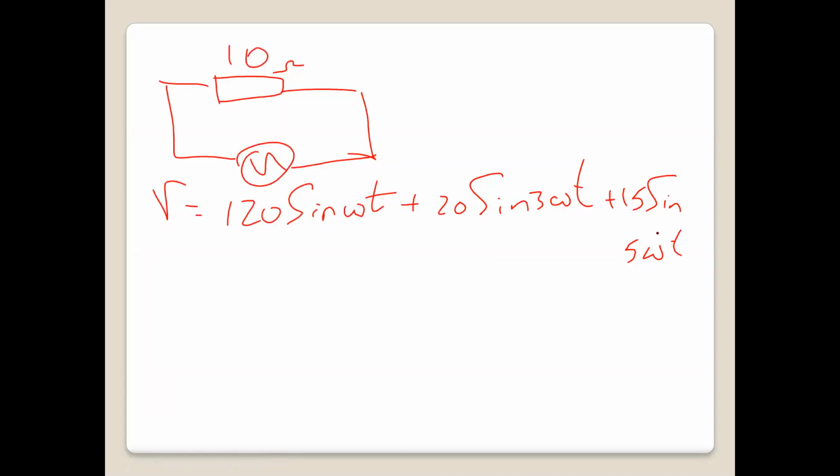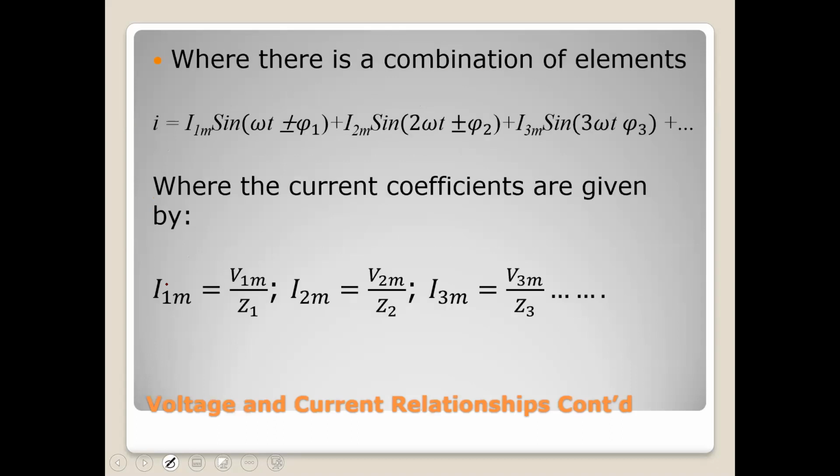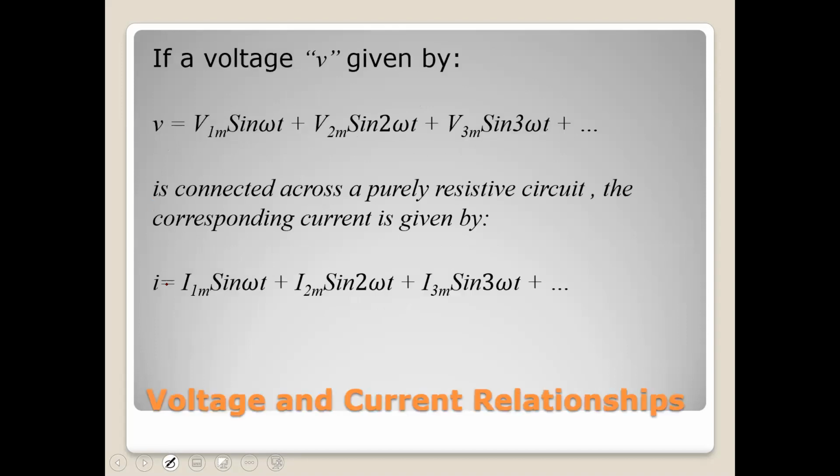Okay. So we want an expression for the current. Now, our current, and please note students, each time I write the current or voltage expression, I use lowercase because what this represents is the instantaneous current and the instantaneous voltage.